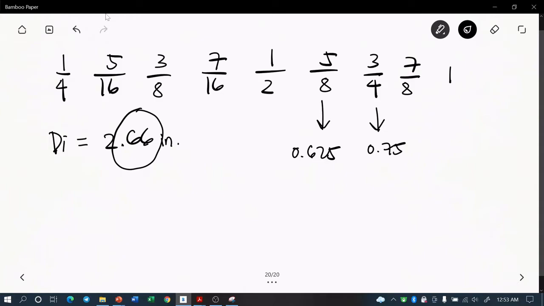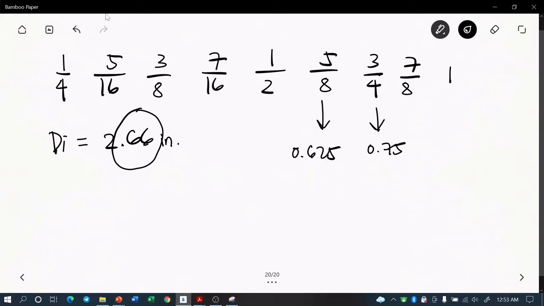So here we have 2.66. So we're going to set a criteria on the percentage of the difference of the computed value and the nearest standard sizes before we can decide on which one to declare.